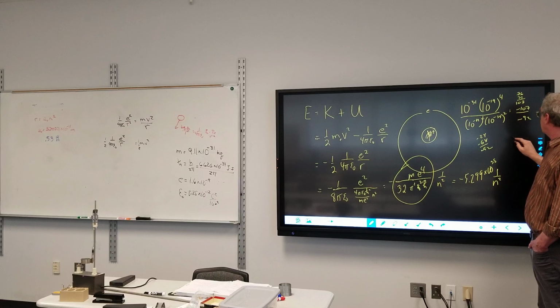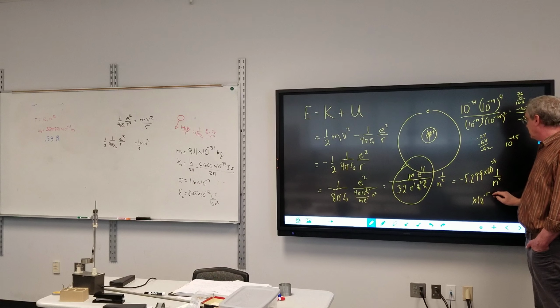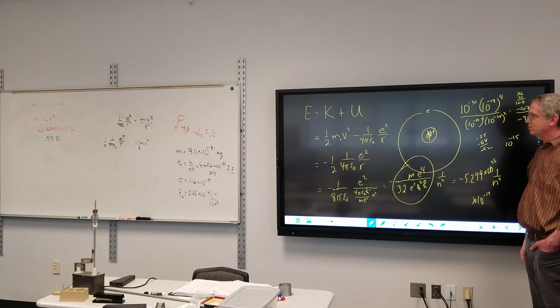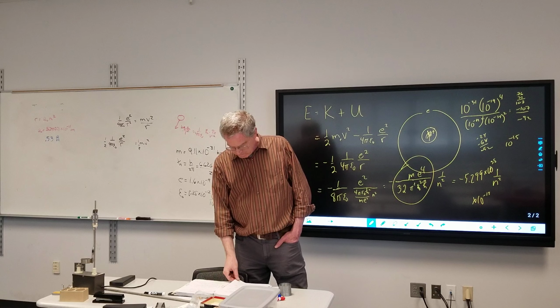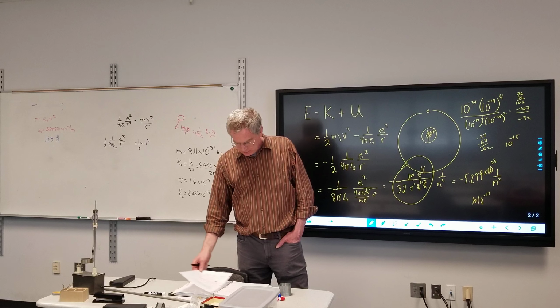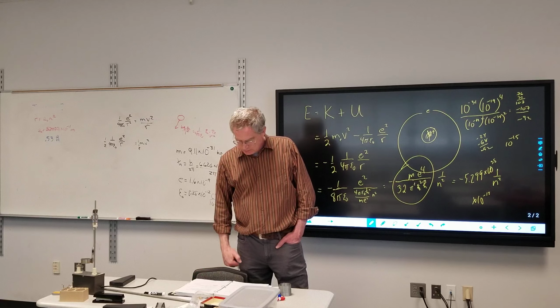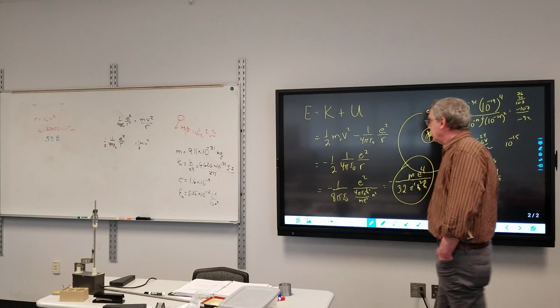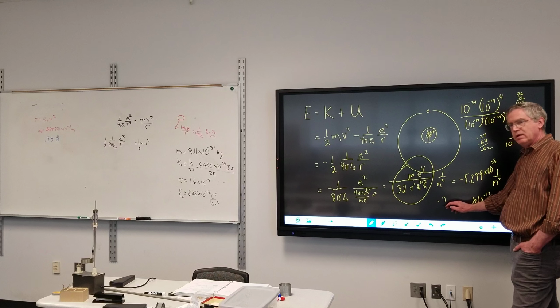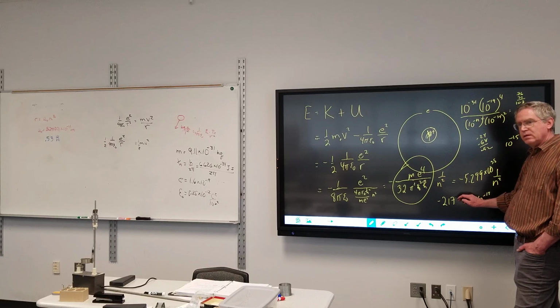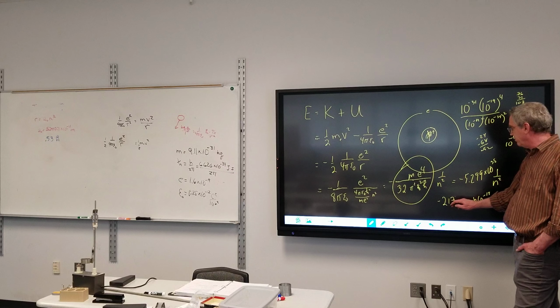So I'm getting something times 10 to the negative 15. Negative 2.17 times 10 to the negative 18, yes.